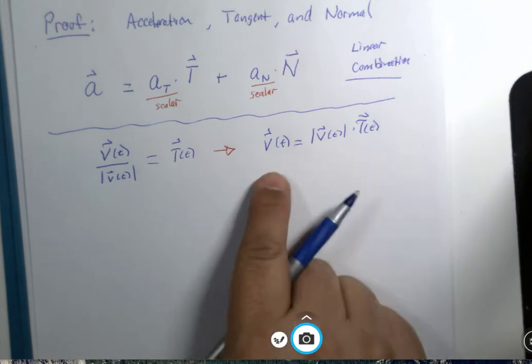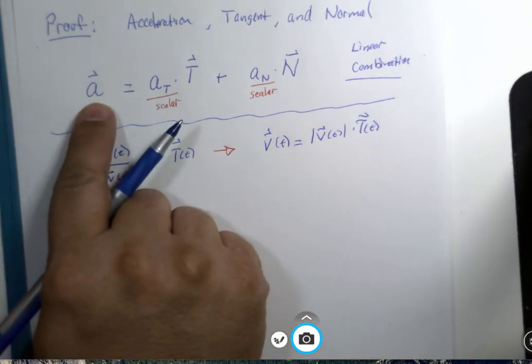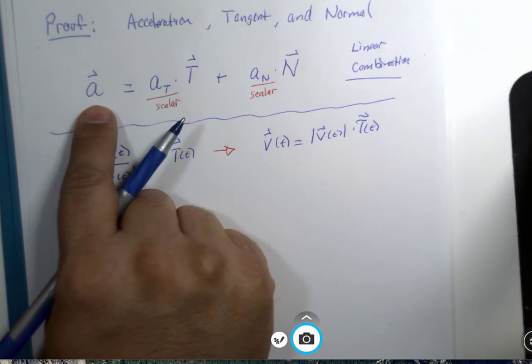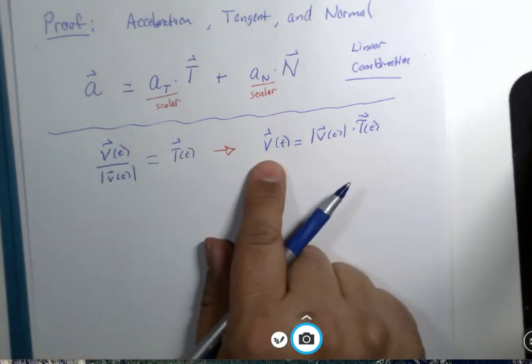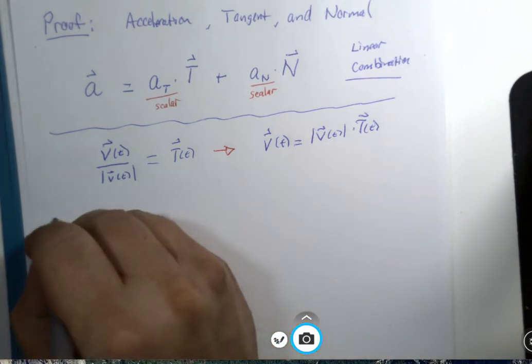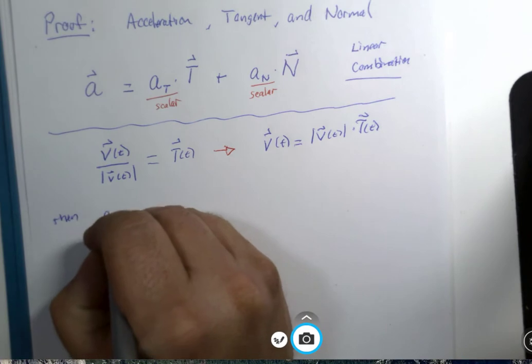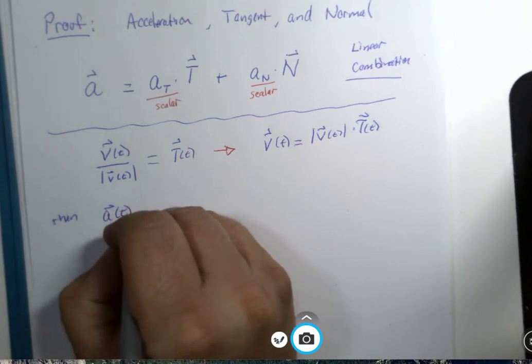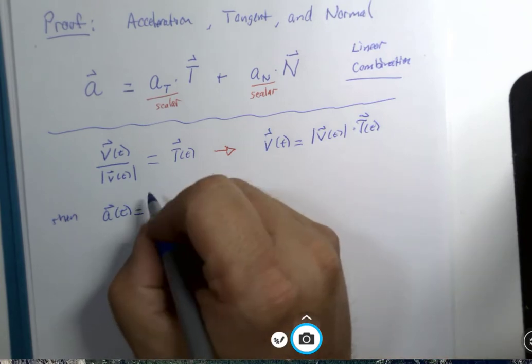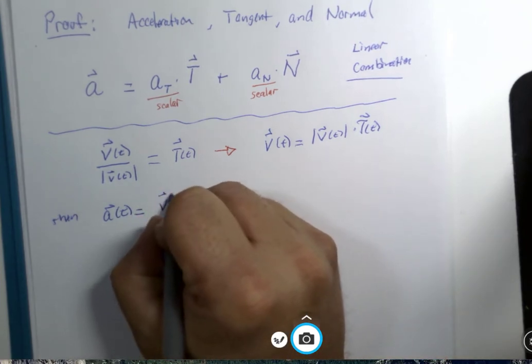But what we're going to do is we're trying to find acceleration. And I know where acceleration comes from. Acceleration is the derivative of velocity. So if that's the case, then acceleration is the derivative of the velocity vector.